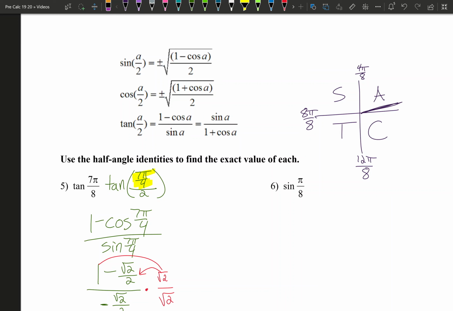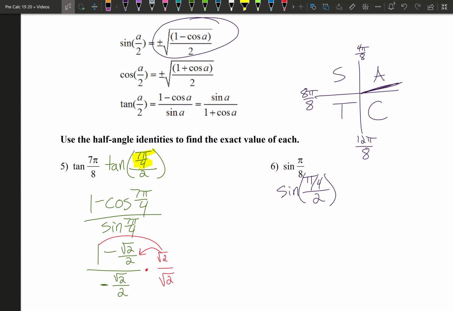For this one, pi over 8 is in the first quadrant, sine is positive in the first quadrant, so this is positive. So we're going to use this identity. You need to deal with the sign, like the SIGN, and determine whether it's positive or negative, what quadrant the angle's in, before you rewrite the angle as pi over 4 divided by 2.